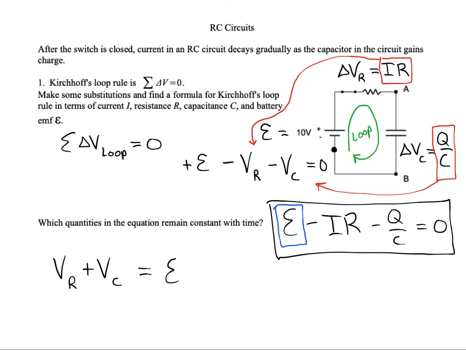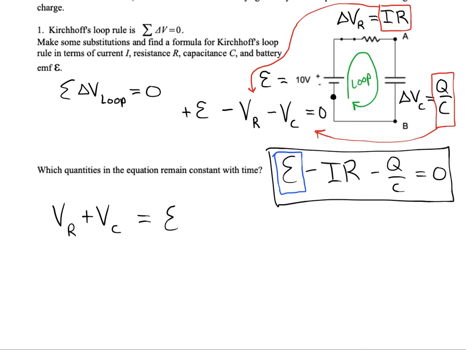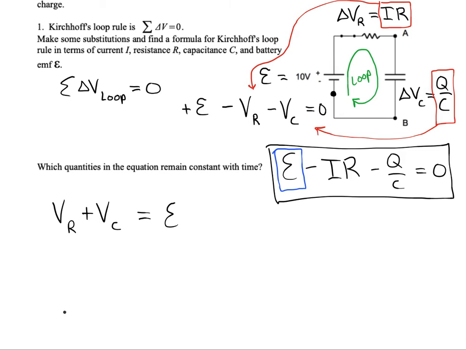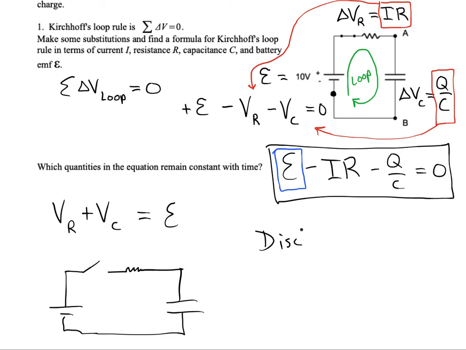Now, what happens in an RC circuit as it's being charged up? Well, let's assume first of all that it starts discharged. If we're completely discharged, then what we'll see is that the voltage across the capacitor is 0 at that time.